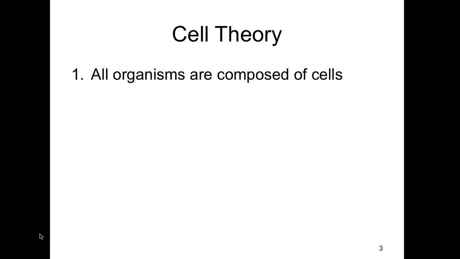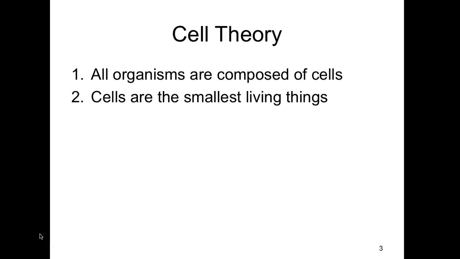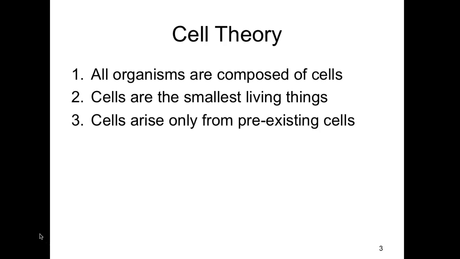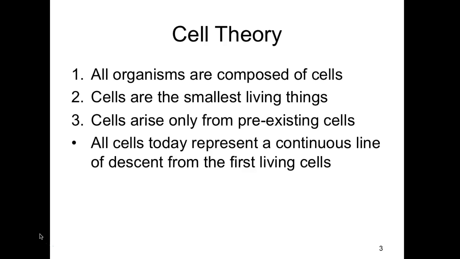The cell theory essentially states that all organisms are composed of cells. Cells are the smallest living things. They are the basic unit of structure and function, and cells come from pre-existing cells. All cells today do represent a continuous line of descent from the first living cells on our planet.